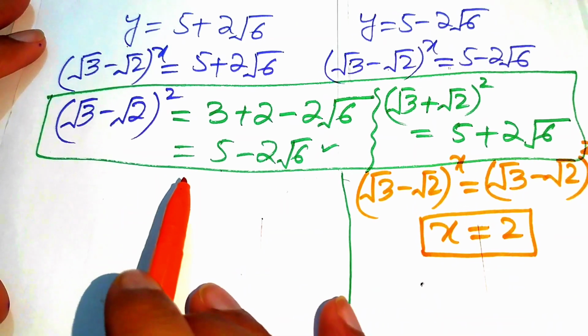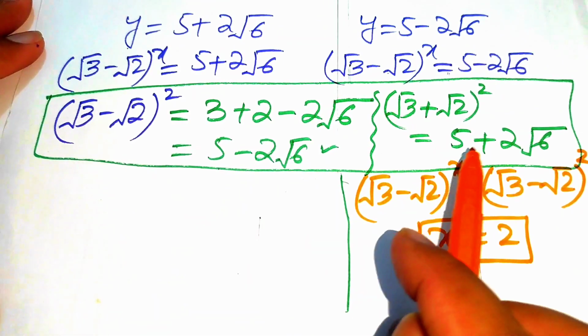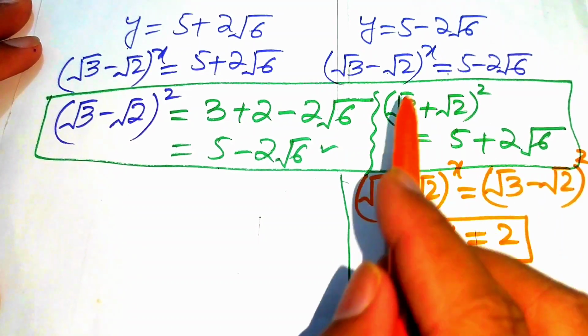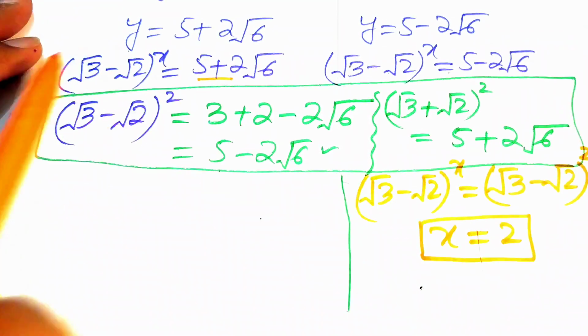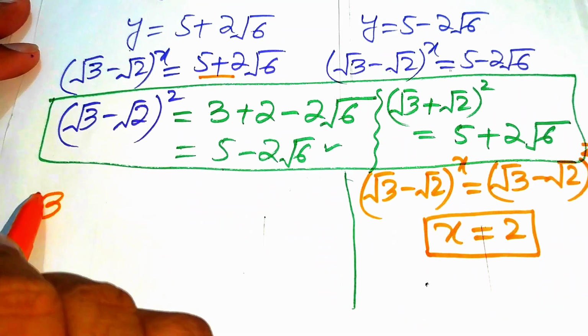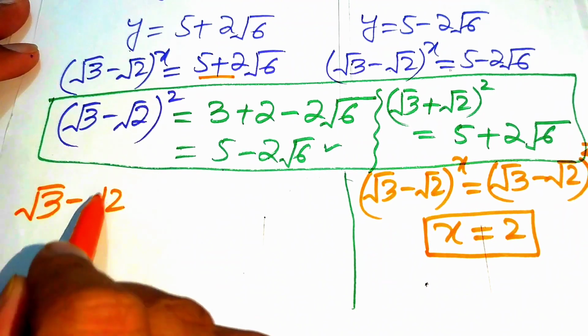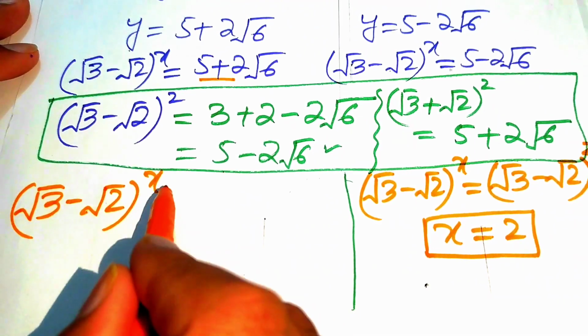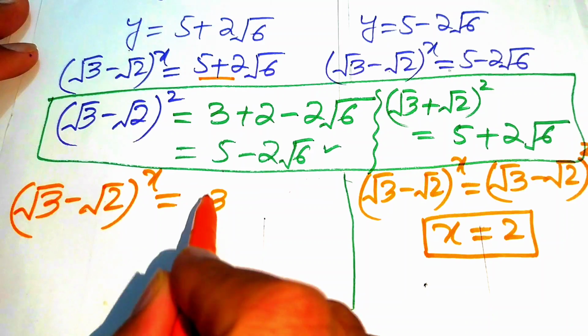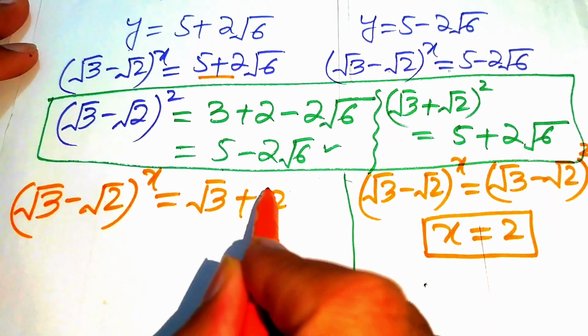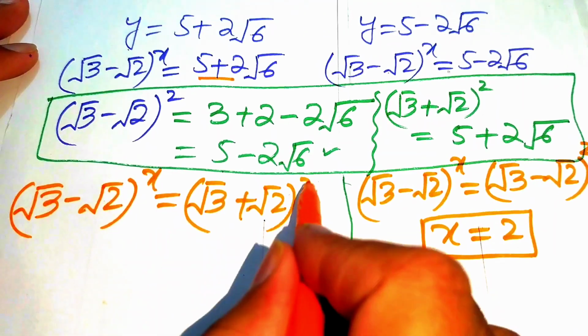Now in the second case, we have 5 plus 2 times square root of 6 equals the square of this term. So we put this value here and we get square root of 3 minus square root of 2 and its whole power x equals square root of 3 plus square root of 2 and its whole square.